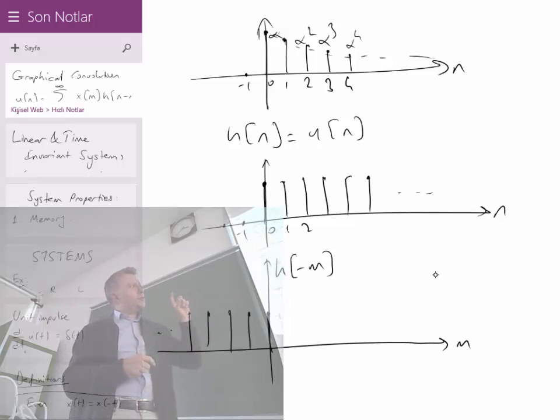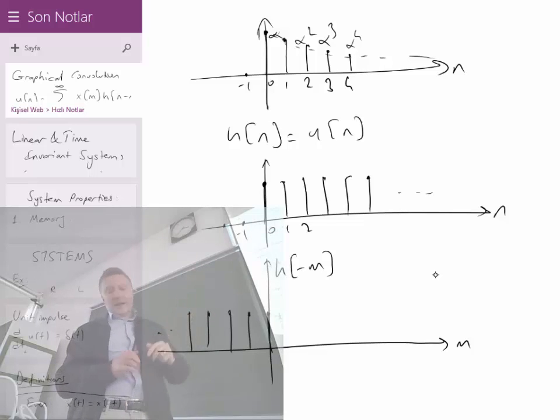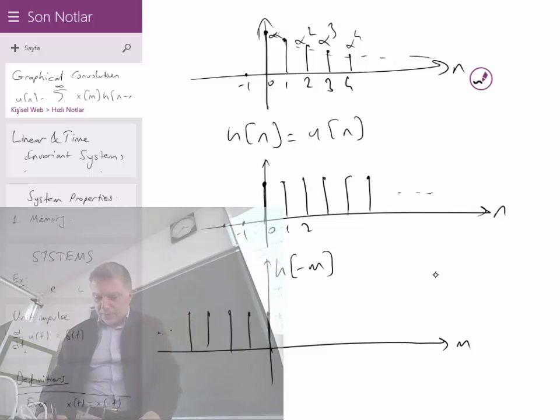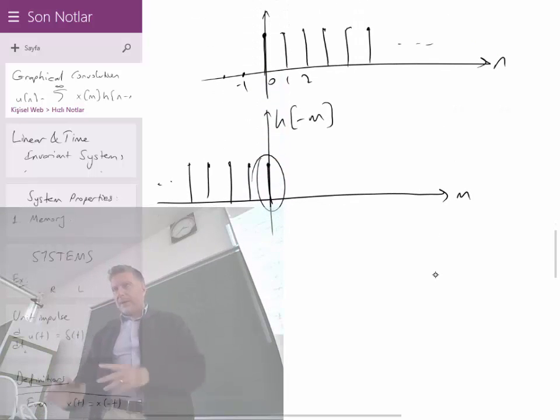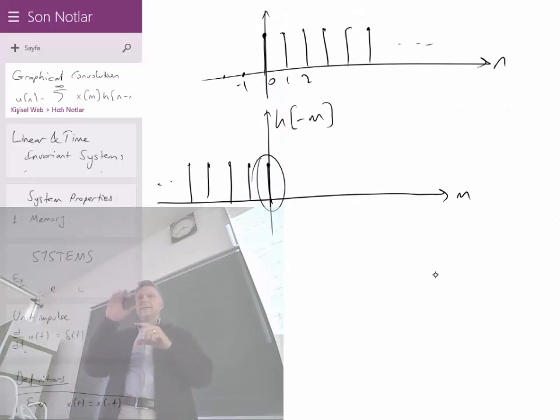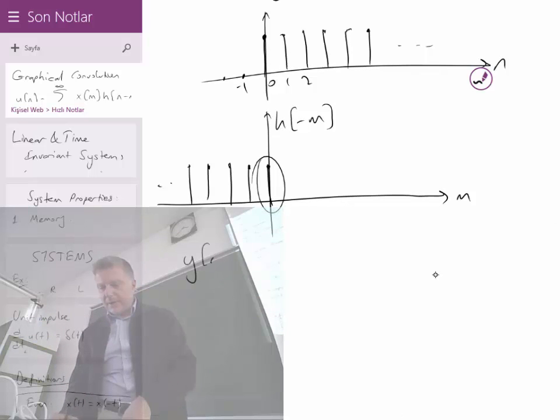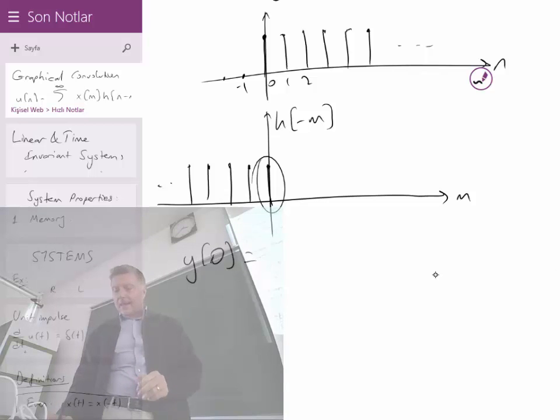But at n is equal to 0, there is an overlap. What is this? It's the multiplication of this and this. What's the value of that? 1. So the multiplication is one impulse in the center. And when we add all the others with all the other zeros, I will say that y of n at n is equal to 0 is equal to 1.